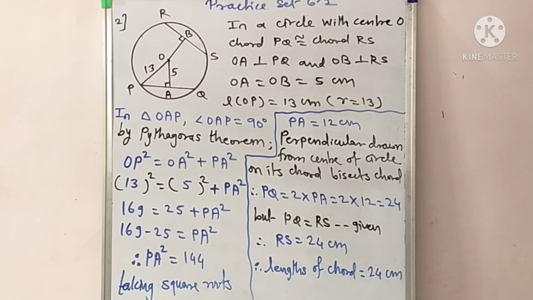Here we find that the length of chord PQ is 24 centimeter, and it is also given that PQ equals RS, since the chords are given as congruent. So RS is also 24 centimeter, which means the length of the chord equals 24 centimeter. So like this, for 3 marks, that is the example asked in the exam.